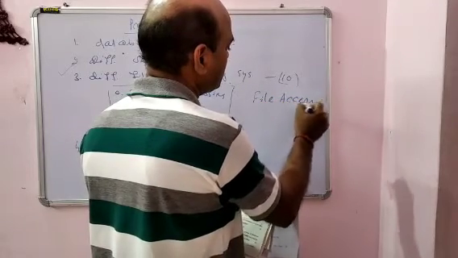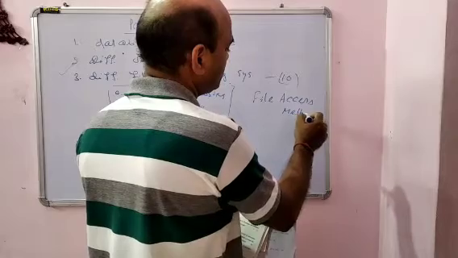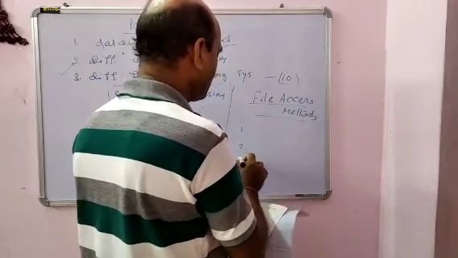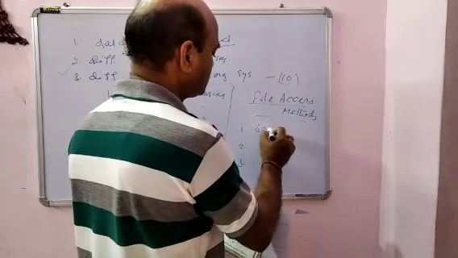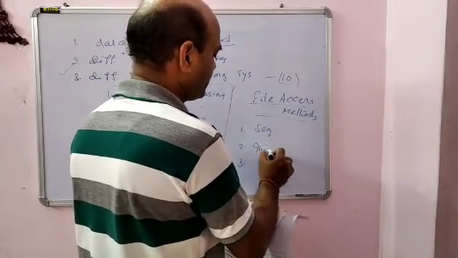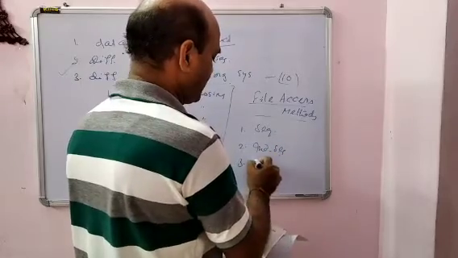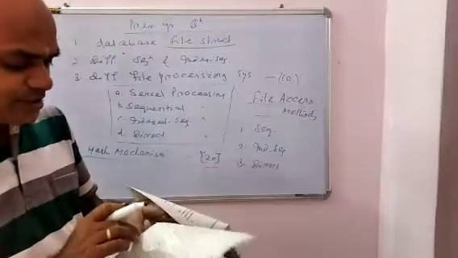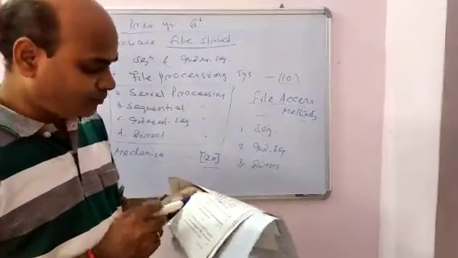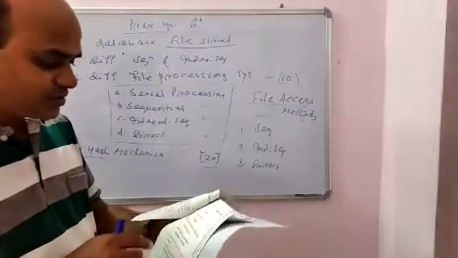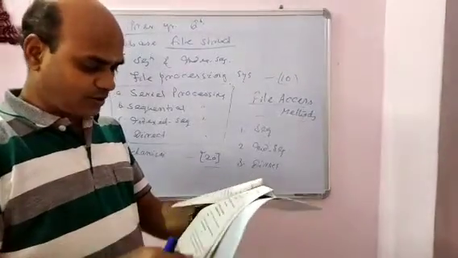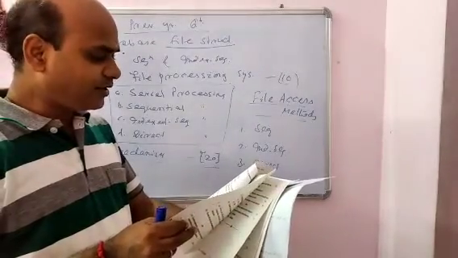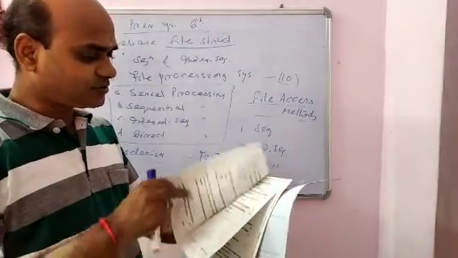We have learned 3 different file access methods: sequential, index sequential, and direct file access methods. For this question you can write the sequential access method, direct file access method, and index sequential file access method.